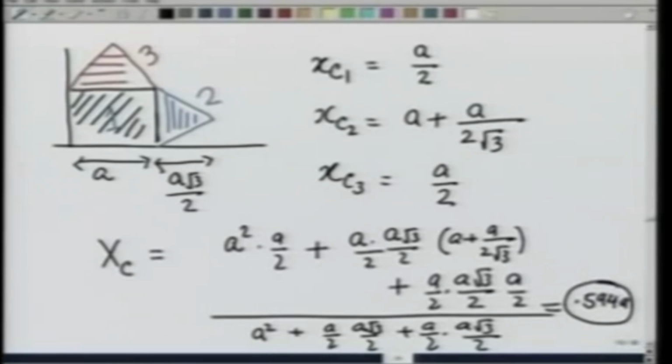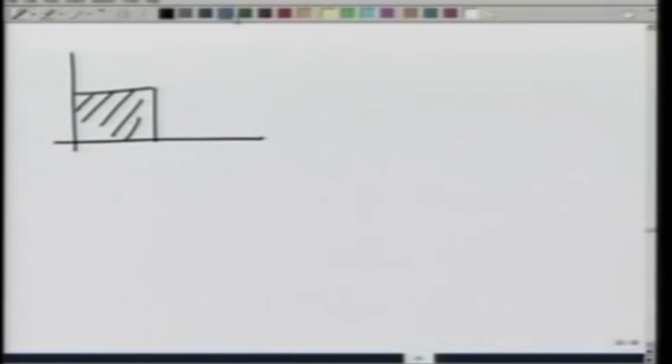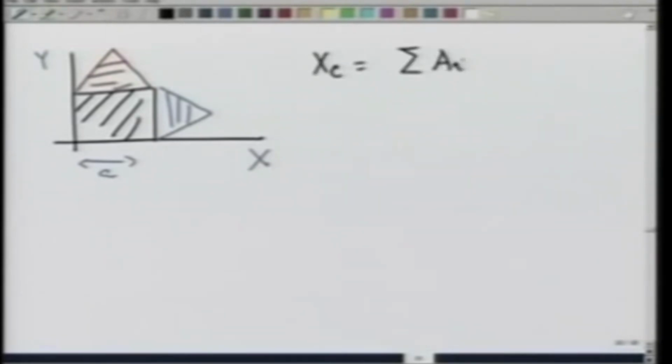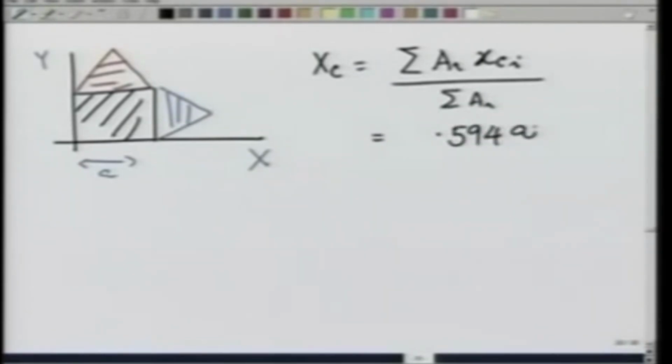By symmetry, yc would also come out to be the same. Therefore, for this assembly where I have a square of side A, and an equilateral triangle on top and on the side, with axes x and y, I get xc to be the summation of a_i xc_i, I am writing a general formula, divided by the summation of a_i, which comes out to be 0.594a, slightly to the right of the centroid of the square, which is expected because of the area added onto the right, it shifts to the right.